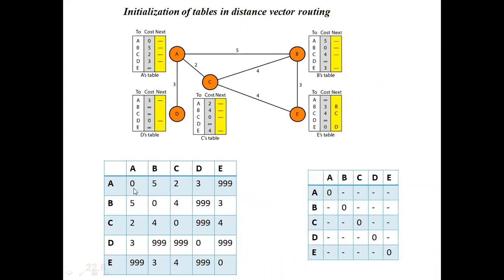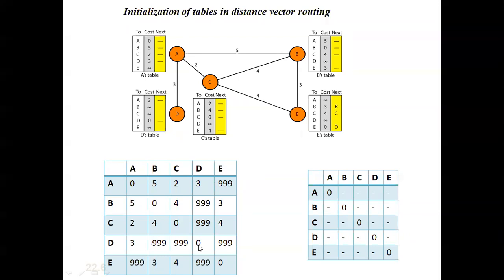So you can see that each row indicates the distance of A table, and the second row indicates the distance of B table. And this row indicates the distance of the C table. And you can see there is an infinity value. The infinity value is stored as 999.